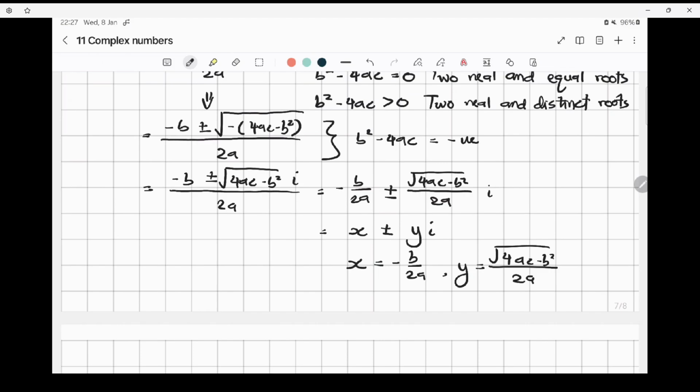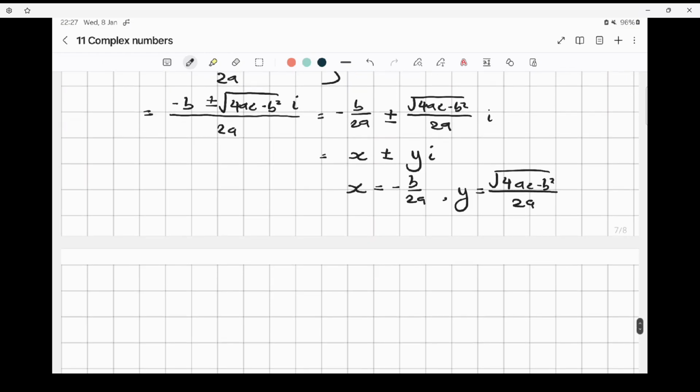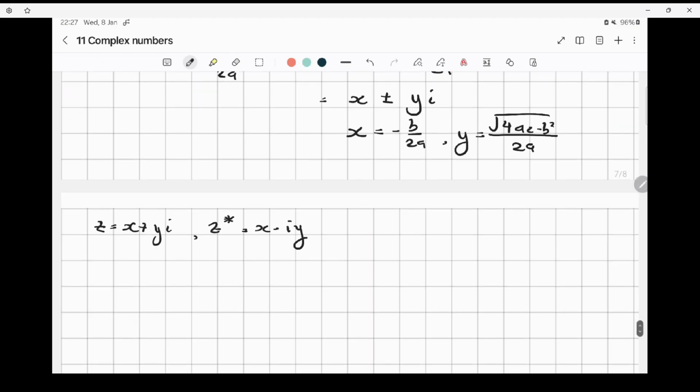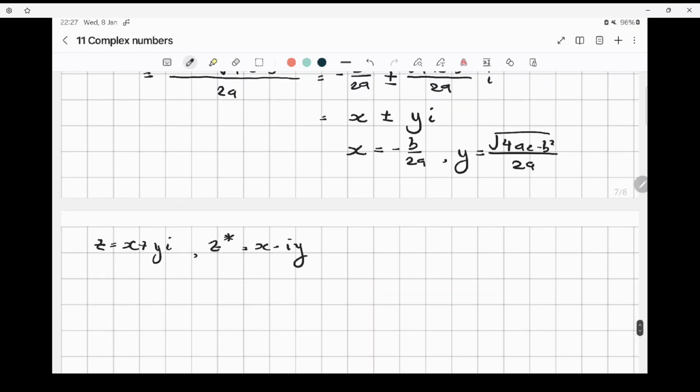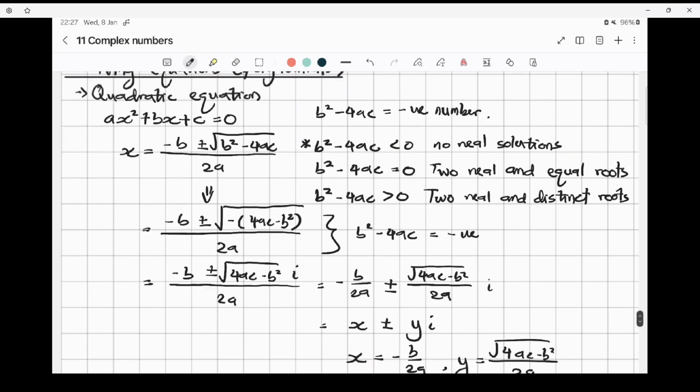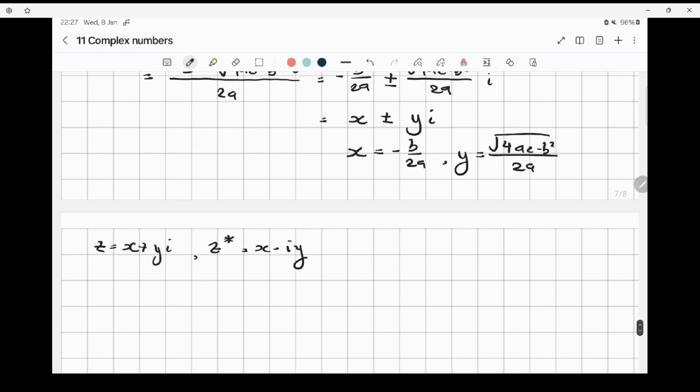So this is a conjugate pair, because x plus yi. Let's say if you have z equals x plus iy, then the conjugate will be x minus iy. Okay, so you can see that whenever you don't have any real solutions, you always form a complex conjugate pair.